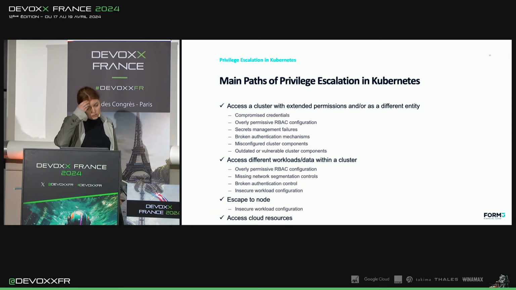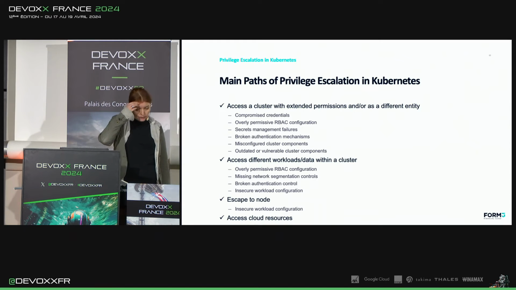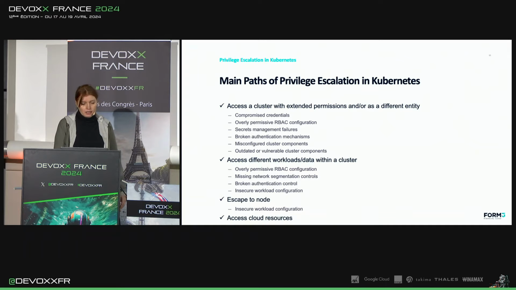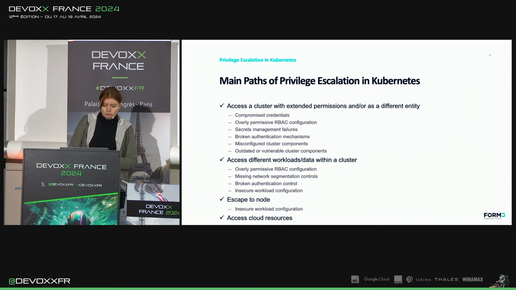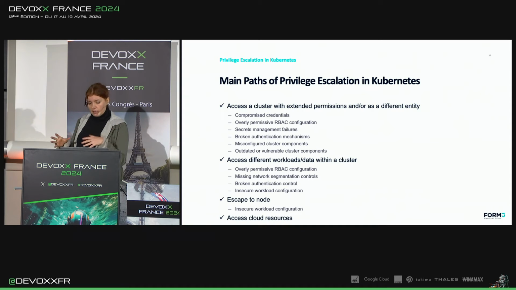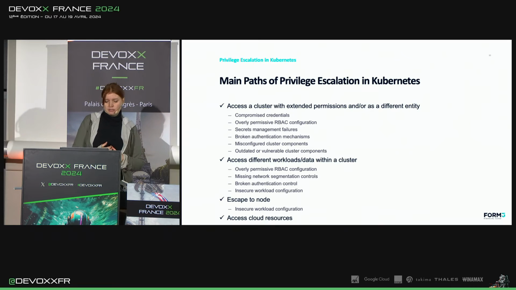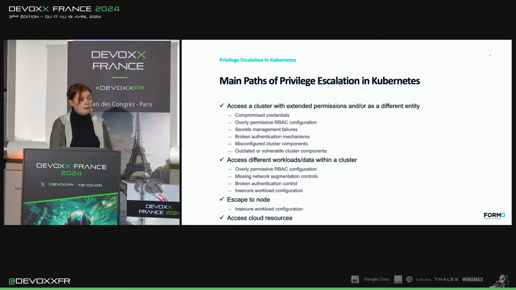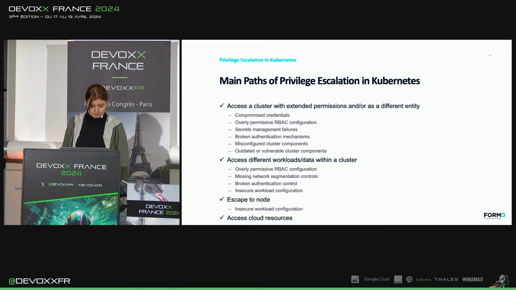It only shows how many things can go wrong in our Kubernetes deployments. The same goes for other types of privilege escalations, like accessing different workloads or escaping to the node. Accessing cloud resources is very similar to accessing the cluster because it's all about getting access to some credentials which are stored in a cluster and then exploiting them.